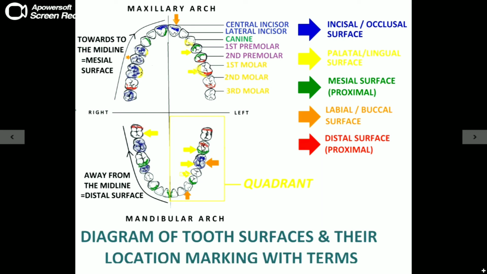This surface is the distal surface. Here the green color surface towards the midline is called the mesial surface, and the red line away from the midline is called the distal surface. Proximal surfaces may be called either mesial or distal.